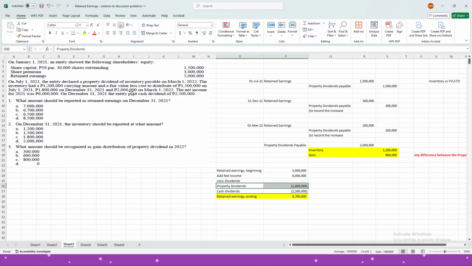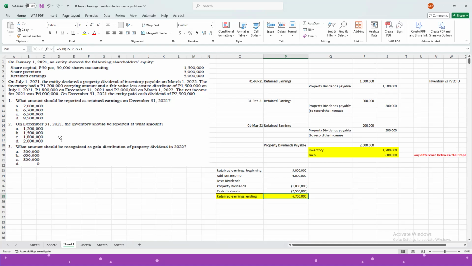It will be different kung 2022 yung pinag-uusapan natin, kasi in 2022, it will be 2 million. Okay? So yun, be careful with that. Ha? And then cash dividends of 2,500,000. Again, it happened in December 31, 2021. So the total is 6,700,000. So that's letter B, 6,700,000.